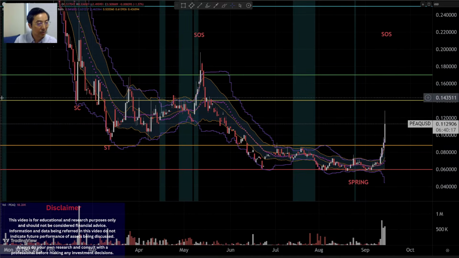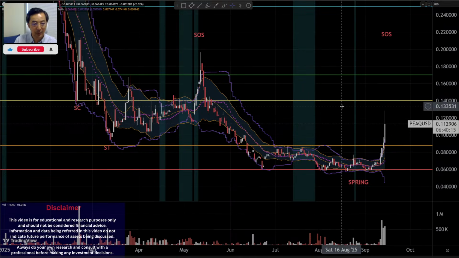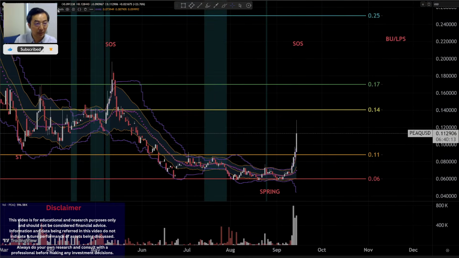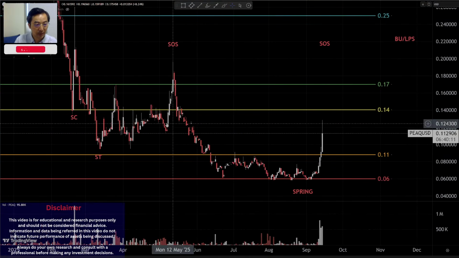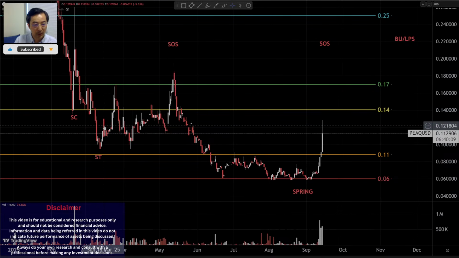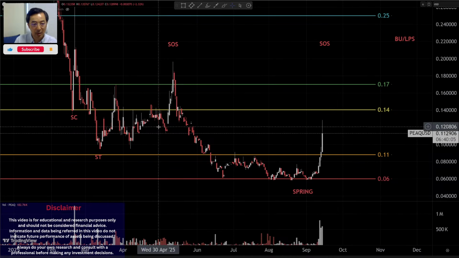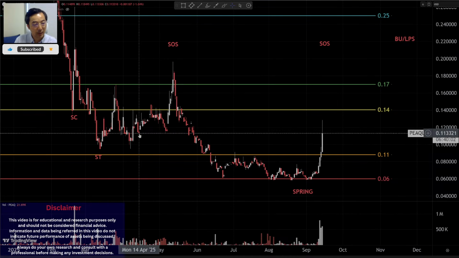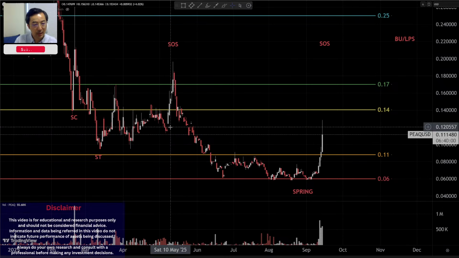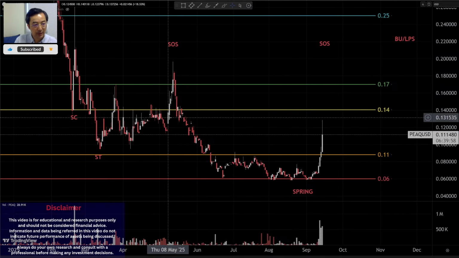Basically, it's trying to challenge the yellow key level, but it hasn't reached that point yet, and it's already being rejected. I think it's because some of the activities right over here, even though it looks jagged, but you see some form of resistance right over there.